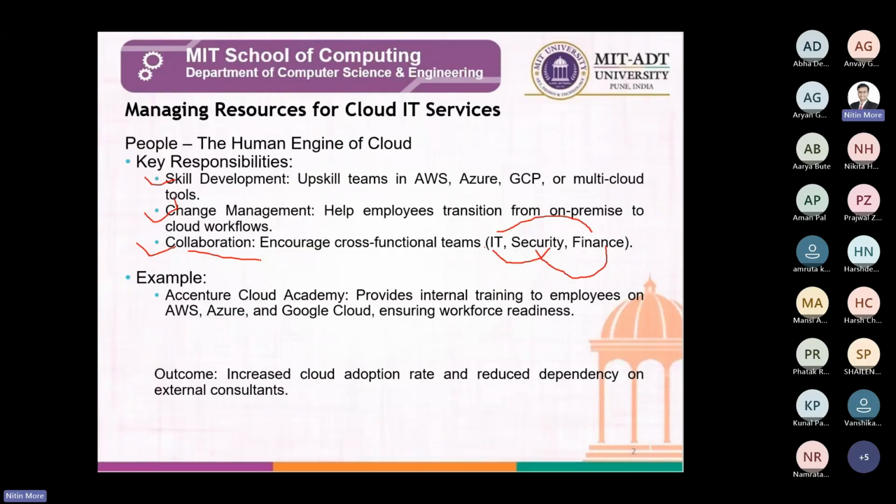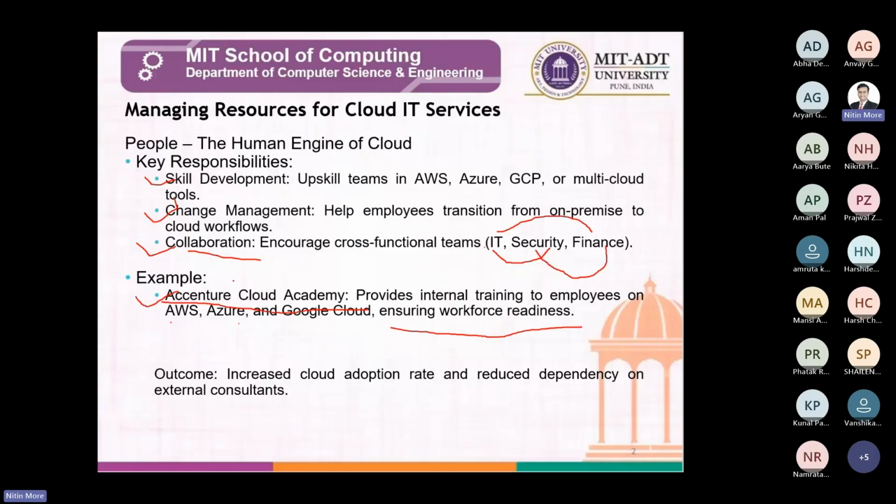We have an example like Accenture Cloud Academy, which provides internal training to employees on AWS, Azure, and Google Cloud, ensuring the proper workforce is ready, right? So Accenture Cloud Academy is doing this training for all the clouds, maybe AWS, maybe Azure, maybe Google.